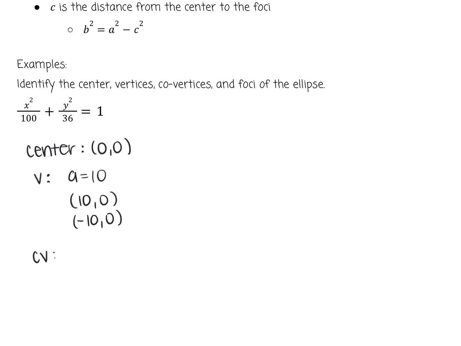For my co-vertices, that tells me that 36 is b squared. So it tells me b is 6, and it's going to get added and subtracted from the y value of my center, so (0, 6) and (0, negative 6). And lastly, the foci. So now I need to solve for c.